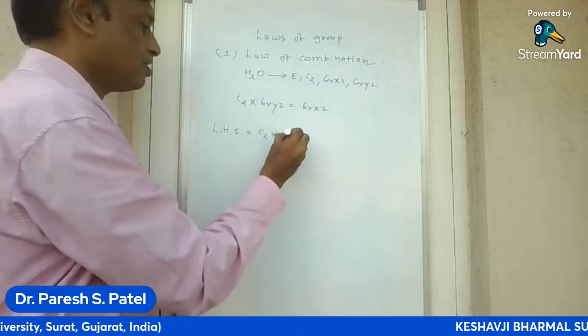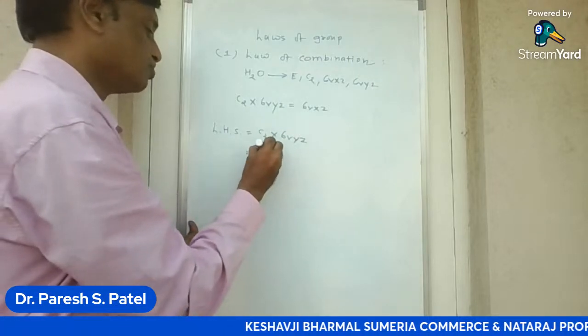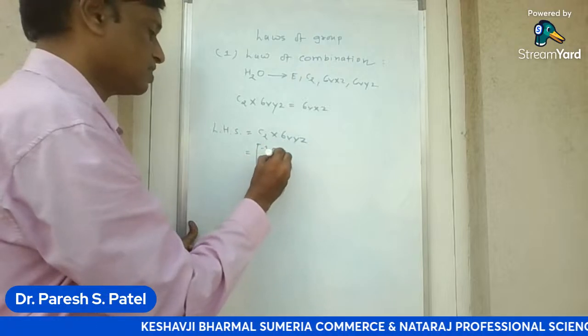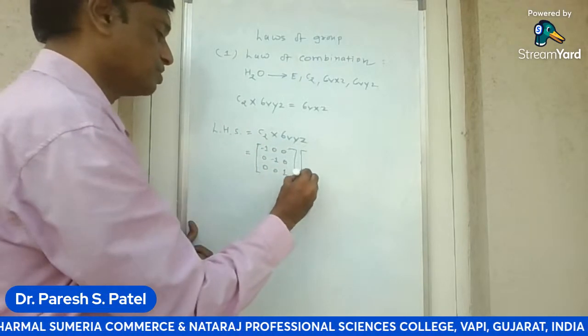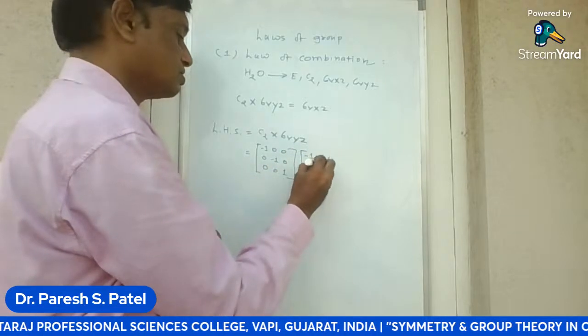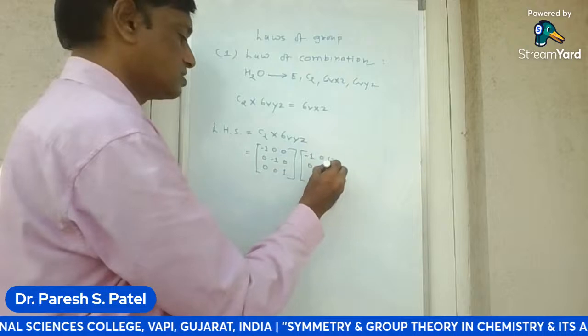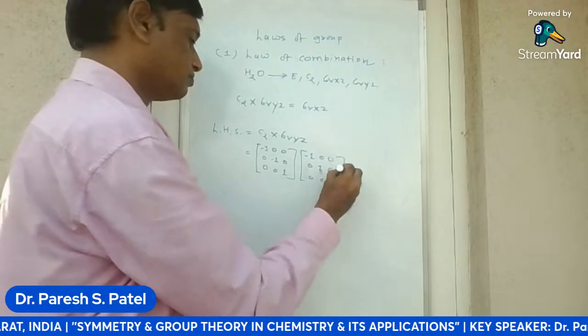C2 into sigma Vyz. The matrix representation for C2 is minus 1 0 0, 0 minus 1 0, 0 0 1. This is the matrix representation for C2. Sigma Vyz is minus 1 0 0, 0 1 0, 0 0 1.